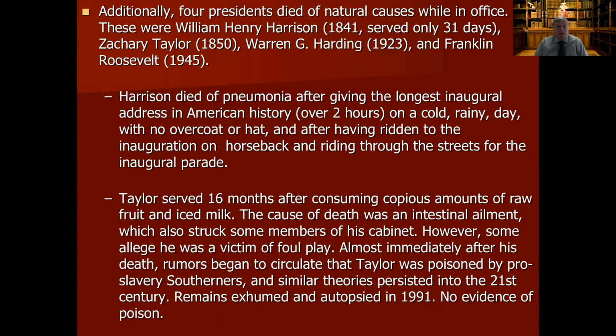Almost immediately after his death, rumors started to circulate that Taylor was poisoned by pro-slavery Southerners, and similar theories continued into the 21st century. His remains were exhumed and autopsied in 1991, and no evidence was found that he was poisoned. So he died of food poisoning.